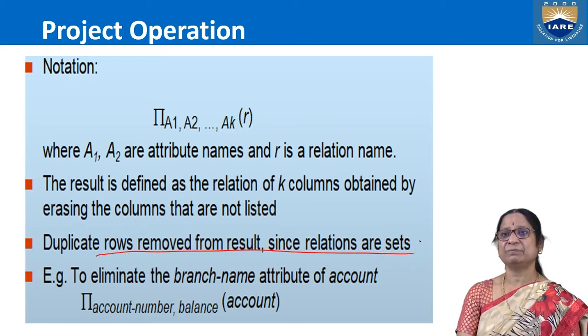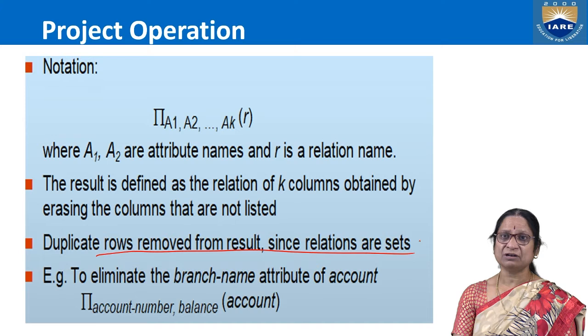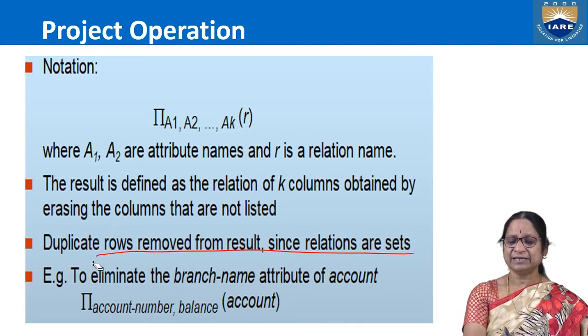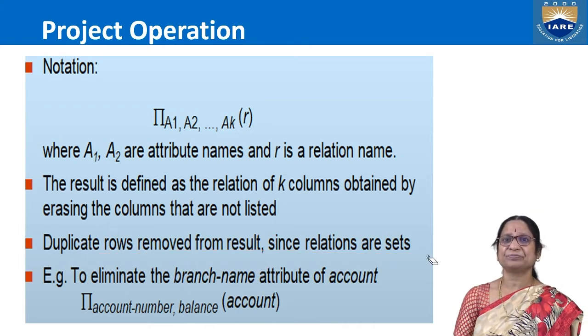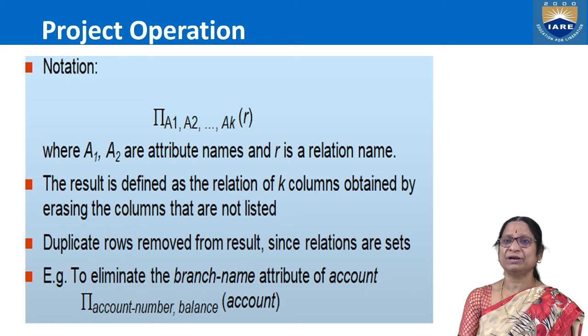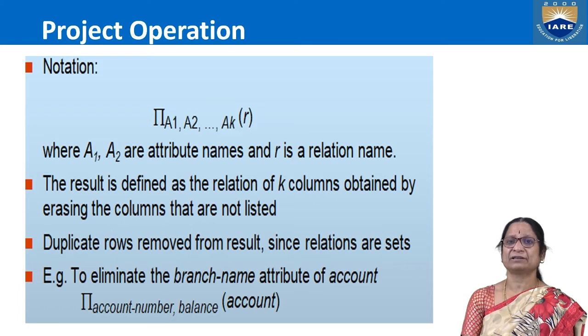All of us remember, in case of relational algebra, if any resultant relation consists of duplicate tuples, those are automatically eliminated. Why? Because a relation is a set actually. So we will write whatever attributes are required for us. We will list out those attributes by using the projection operator.